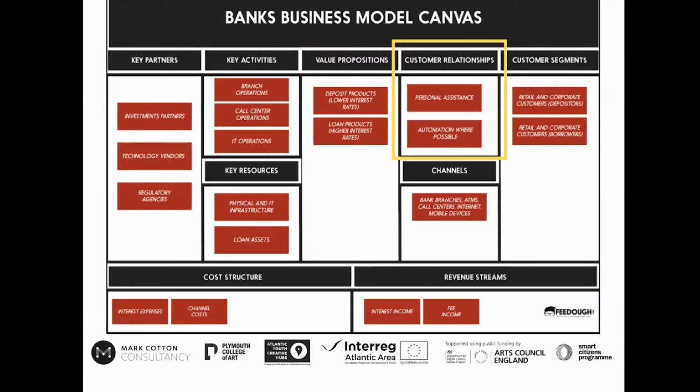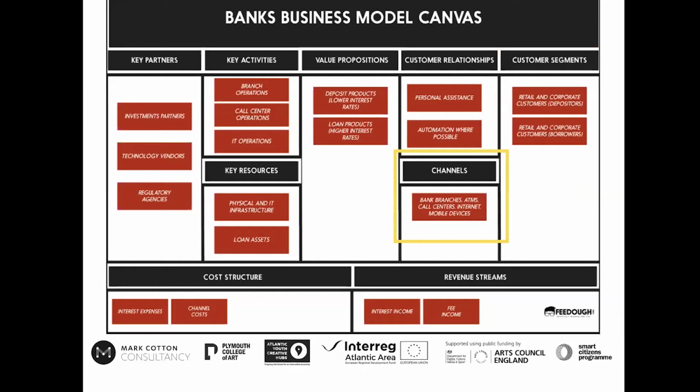Their customer relationships are built around 2 key areas. That's kind of personal, face-to-face engagement or automated engagement where possible. Their customer segments are their retail and corporate customers who are lending money to the bank or depositing money to the bank, and the retail and corporate customers who are borrowing money from the bank.